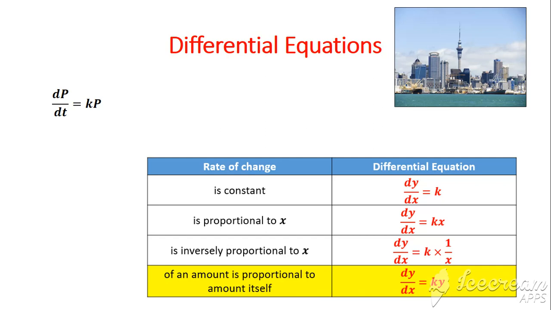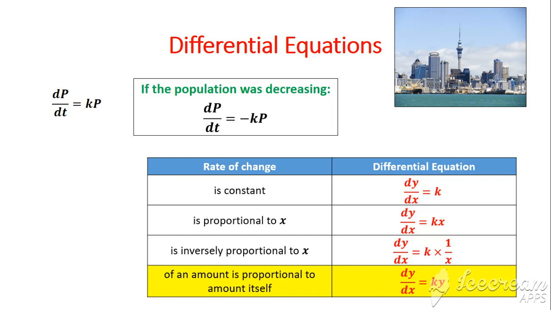Now p is the same as our y value, but we're going to use p for population instead of y. dt is like our dx, but we're going to use t for time. And the k is the constant that we need to have. If the population was decreasing, we'd just change it to say dp over dt is equal to negative kp. That's all we'd do different.